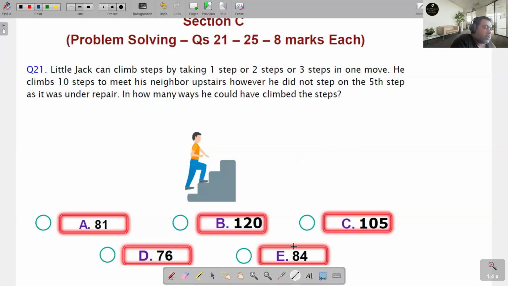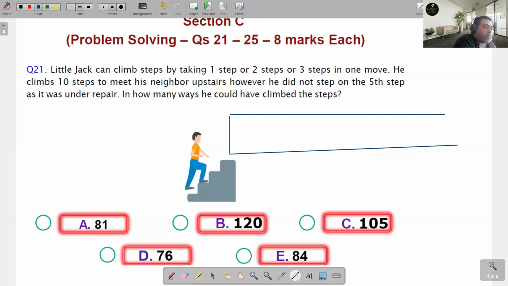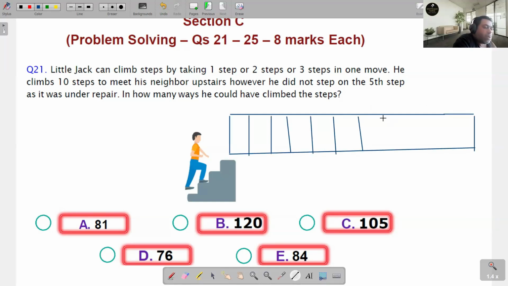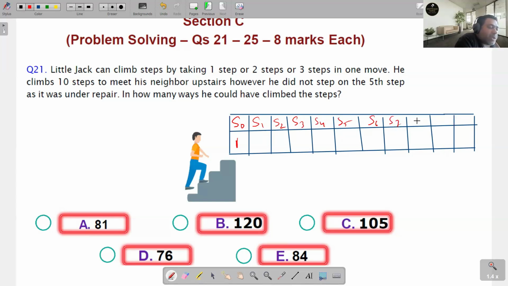Okay. What we are going to do is make a table here, quickly. Let's see. Step 0, which is on the ground floor. There's only one way to be there. Okay, so let me write this S1, S2, S3, S4, S5, S6, S7, S8, S9, S10. Right?